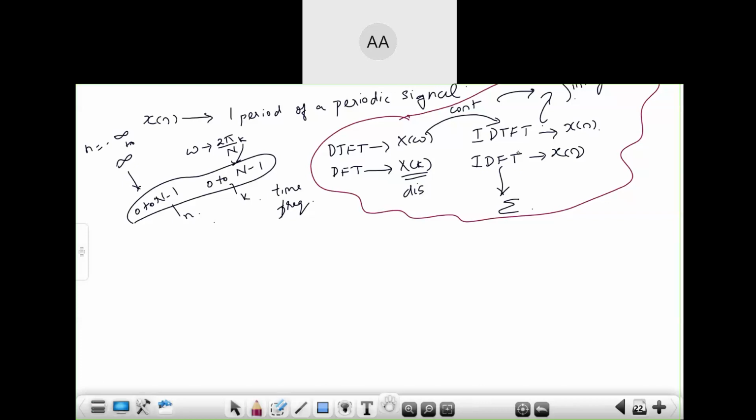Present, ma'am. These 26, 27 and all are not attending classes or what? 29 is present?